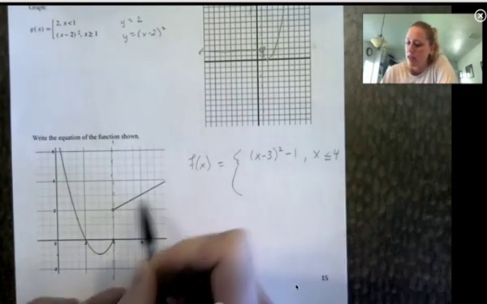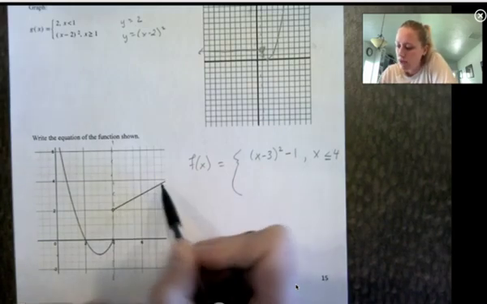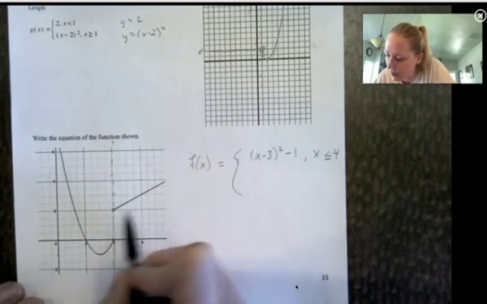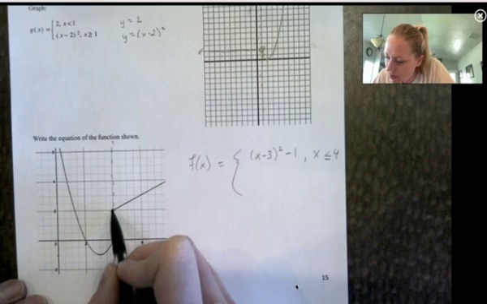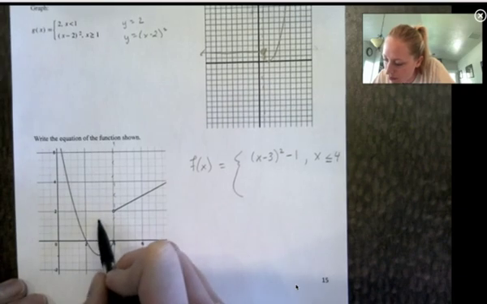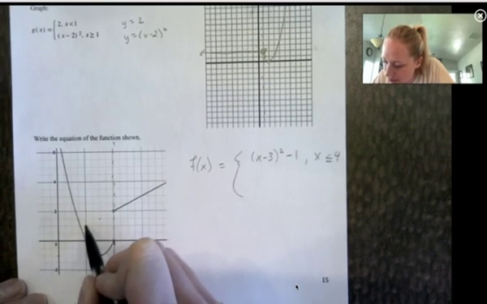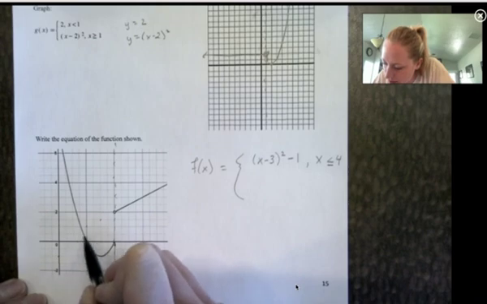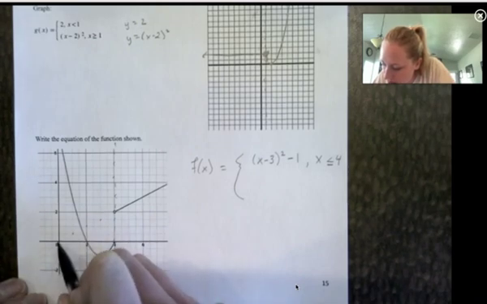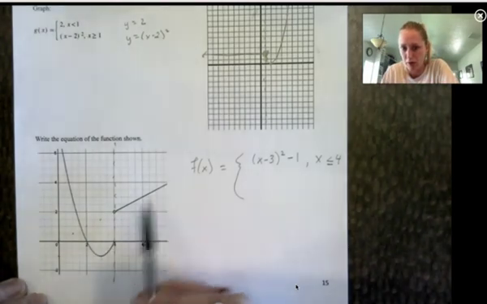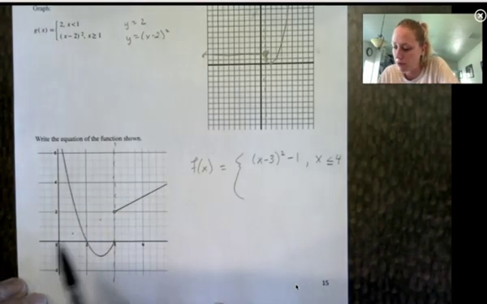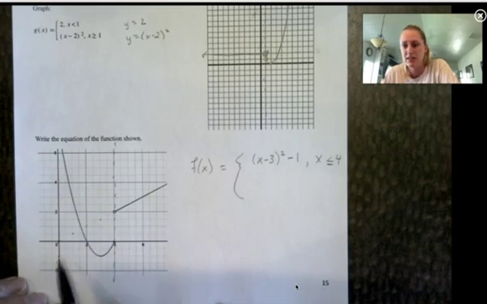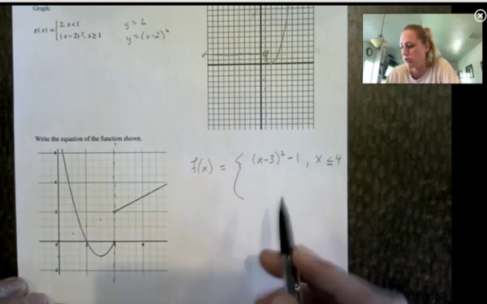This line, okay, we can kind of keep that slope going, so it looks like up 2 over 1, down 2 over 1. So I can imagine this guy continuing down. So it looks like if I were to keep that slope going, and you can use a ruler to help you with this too, it would go through 0. So that means its y-intercept is 0, so we don't have to write that.